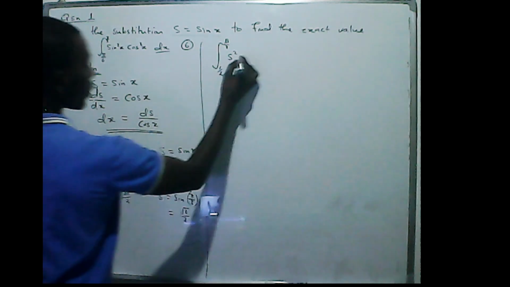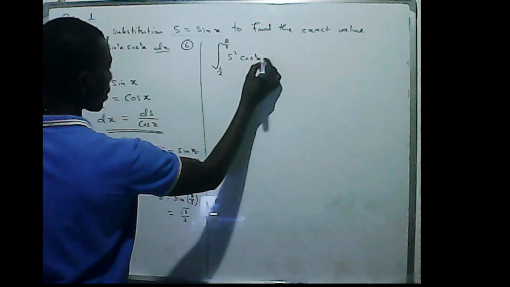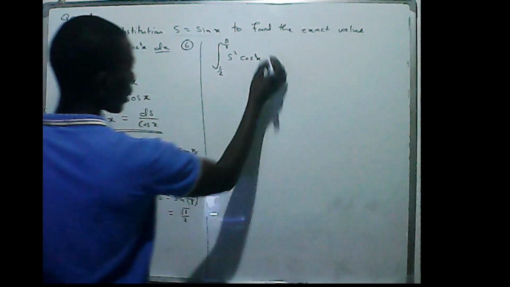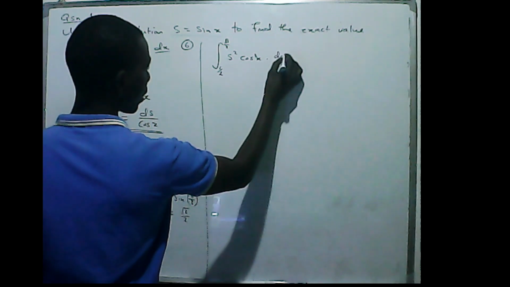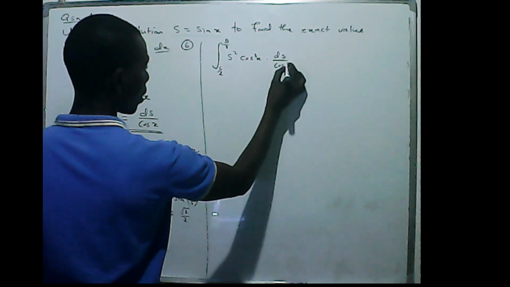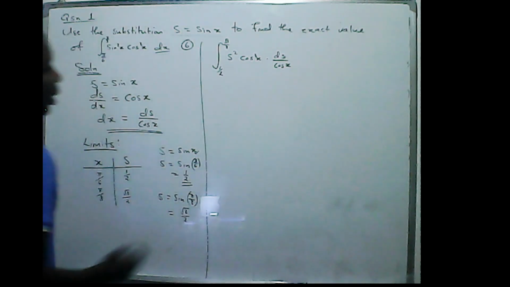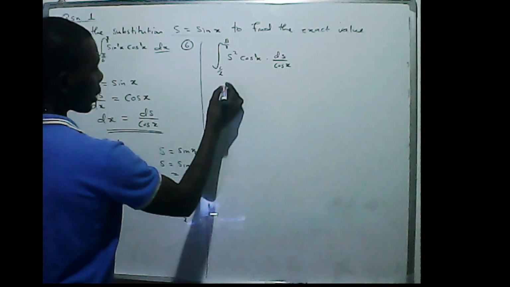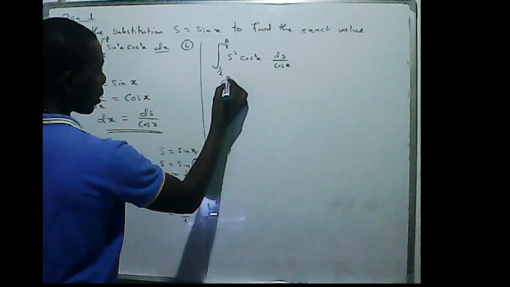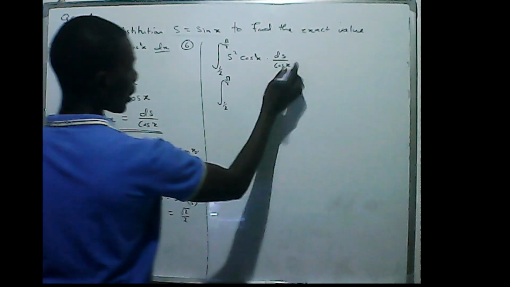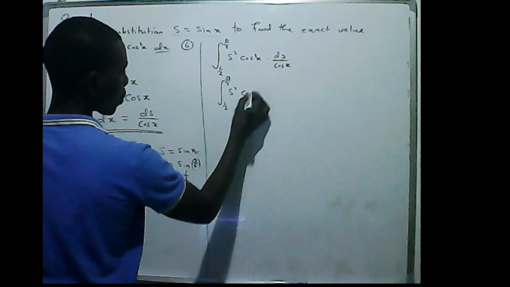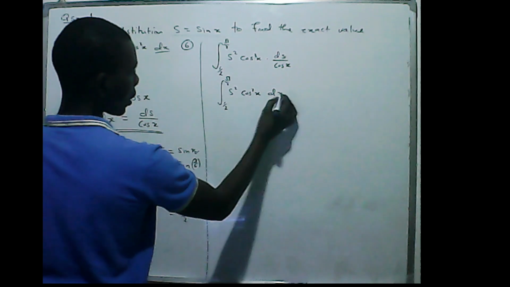Then cos cubed x, and for dx we substitute ds over cos x. Cos x into cos cubed gives us s squared cos squared x ds.